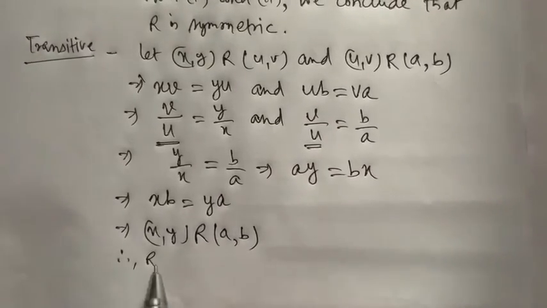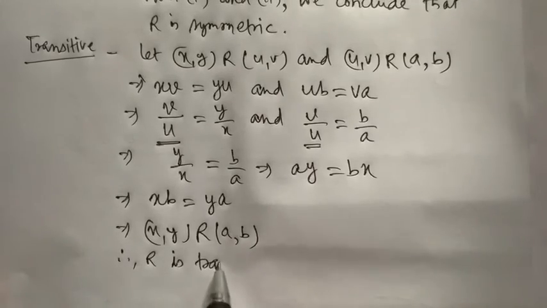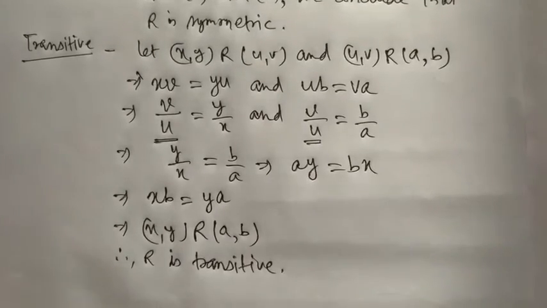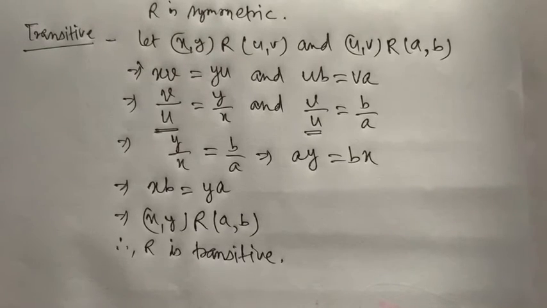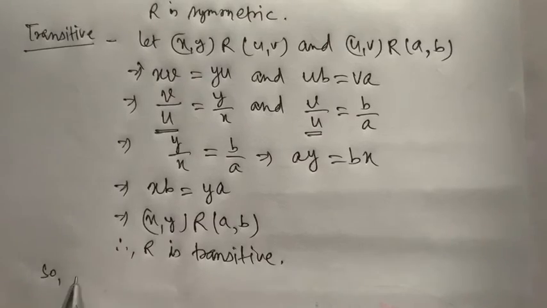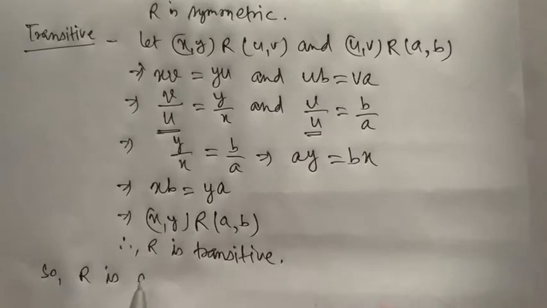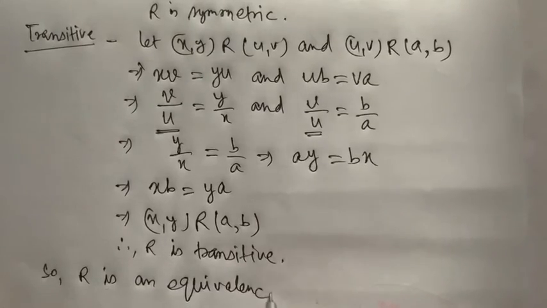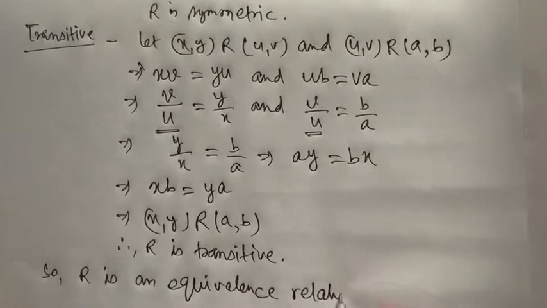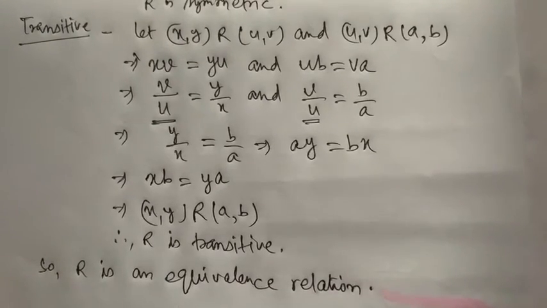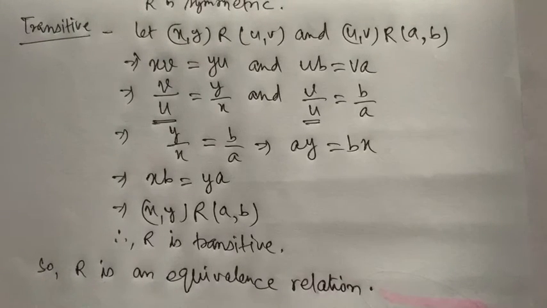Therefore R is transitive. Now the given relation is reflexive, symmetric and transitive. So R is an equivalence relation. And this proves the given question.